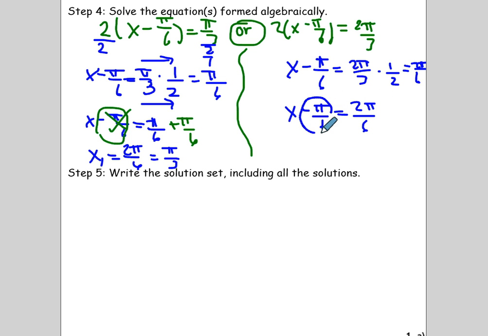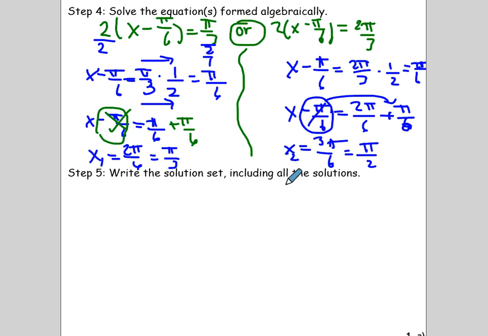And to get rid of our minus pi over 6, we move it to the other side, and it's going to be plus pi over 6. So now we have 3 pi over 6, and that can be simplified. If we divide by 3 up and down, we should get pi over 2. This is our second solution, pi over 2.